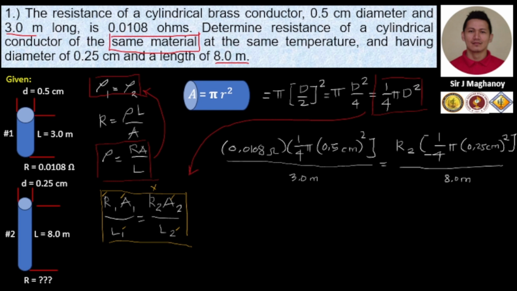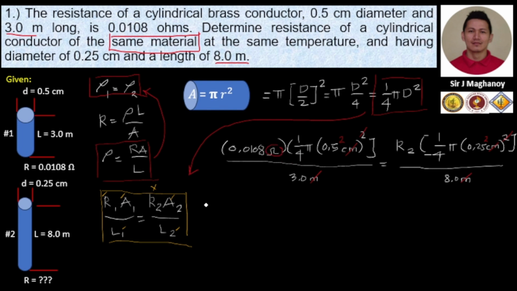Okay, so let's cancel out common units on both sides. Meters are present on both sides. Our centimeter will become square centimeter, so it will be cancelled out on both sides. So the remaining are 0.5 squared and 0.25 squared. The remaining unit is in ohms.